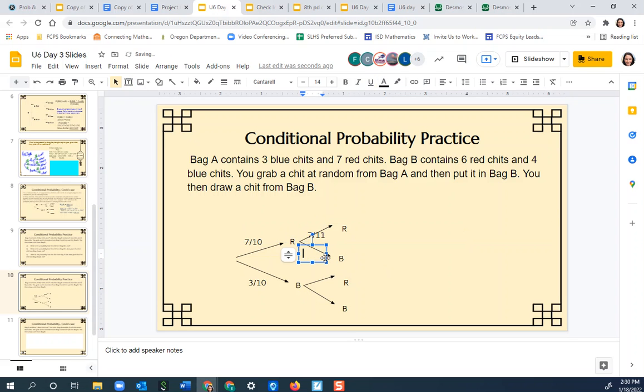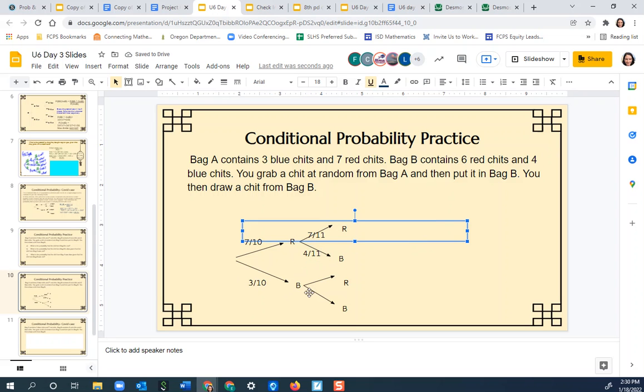That's the tricky part. All right, so in the second scenario, I actually took a blue one out of bag A and put a blue one into bag B. And so now bag B has how many blue? Bag B used to have 4 blue, now it has 5, yeah.